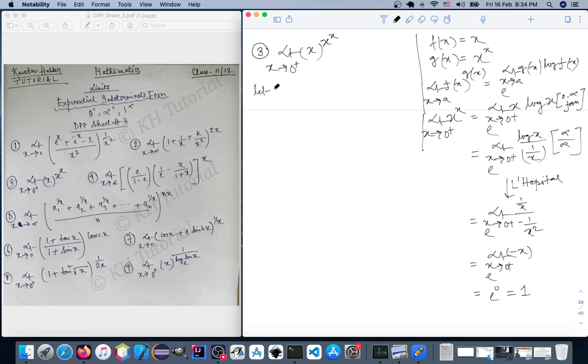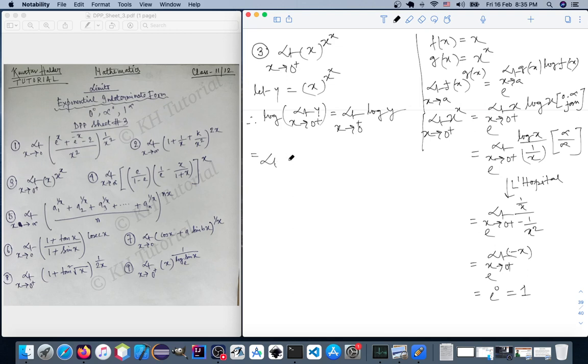Let y equal x to the power x. Therefore, log of the limiting value as x tends to 0 plus of y equals limit of x tends to 0 plus of log y.